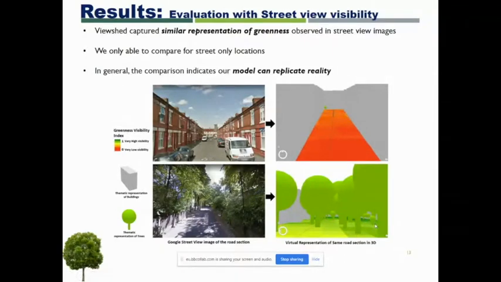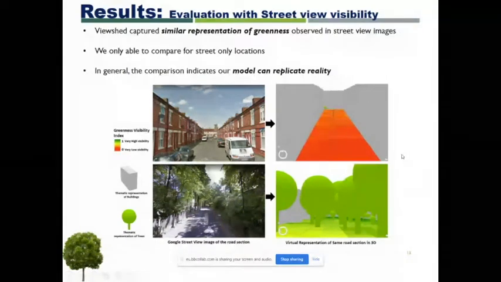When we compared with Google Street View images, our virtual environment shows our greenness visibility calculation does really reflect reality. In places where there's no green, you can see our model also shows no visible green. And in places where Street View shows a lot of green, we also see a lot of visible green in the calculation. So that's the model evaluation.